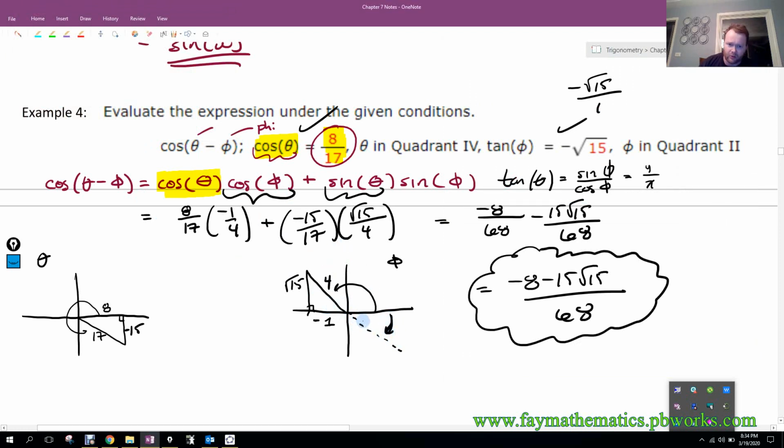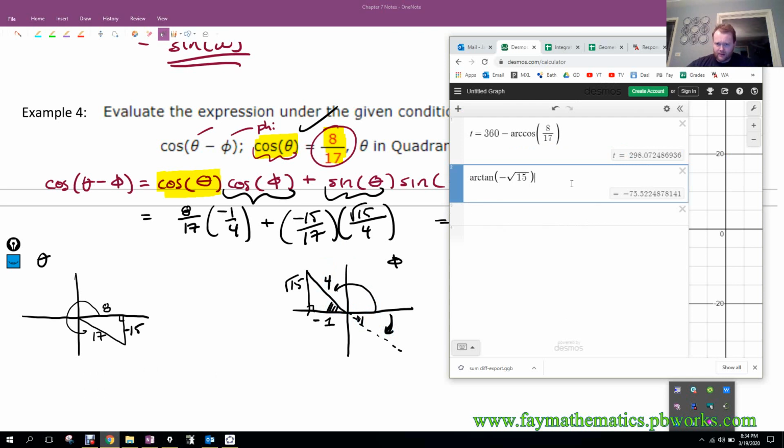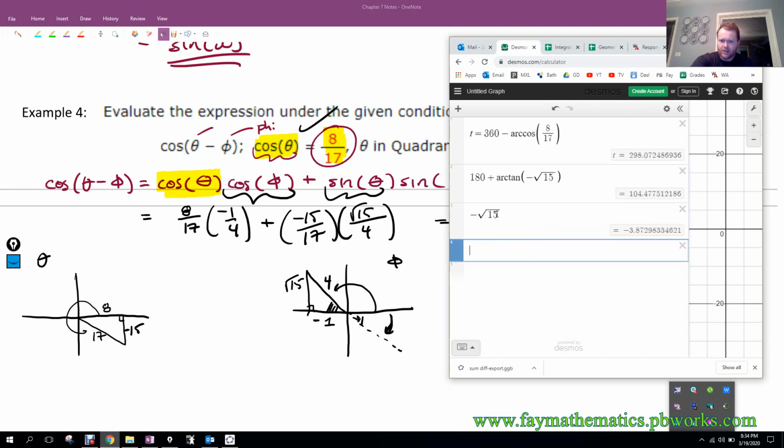But we're in the second quadrant, so we're going to use vertical angles, and we will figure out that I need to take ultimately 180 minus the positive version of that, but using properties of addition and subtraction, we can get that. And that should give me, again, remember, negative square root of 15 is that number there. So then I should be able to take tangent of, let's call this number P for phi.